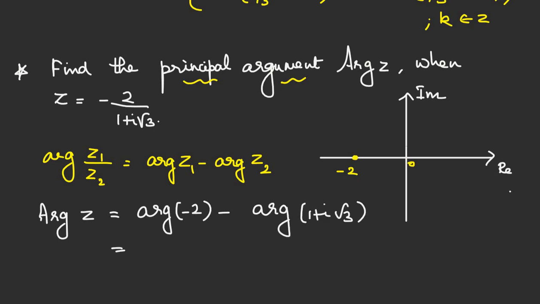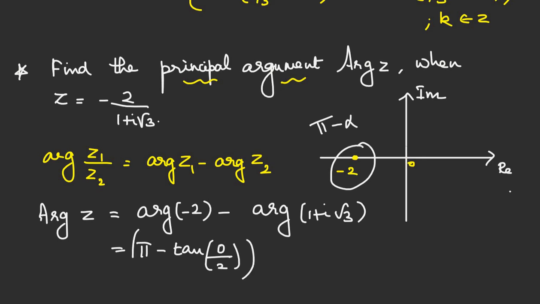This minus 2 lies in the second quadrant, and therefore in the second quadrant we know the principal value is pi minus alpha, and therefore argument of a real value. So this is pi minus tan inverse of imaginary part 0 divided by the real part 2, minus argument of 1 plus i root 3, which will be tan inverse of root 3 by 1.